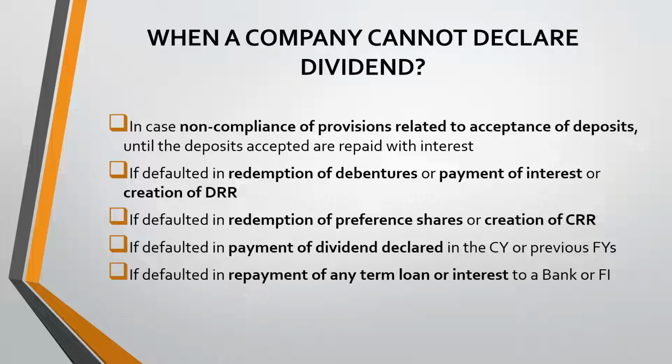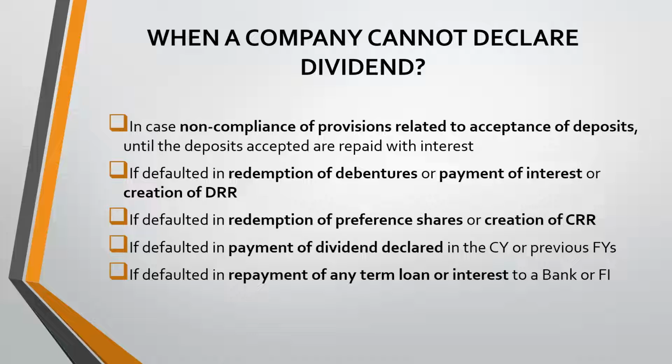So a company cannot declare dividend if it has not complied with the provisions related to acceptance of deposits. Until that compliance is made good by repaying the deposit amount along with interest, the company cannot declare dividend at all.